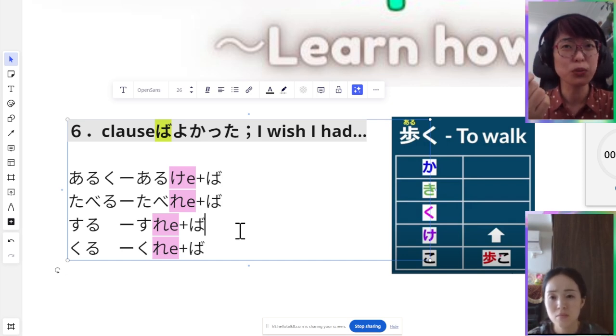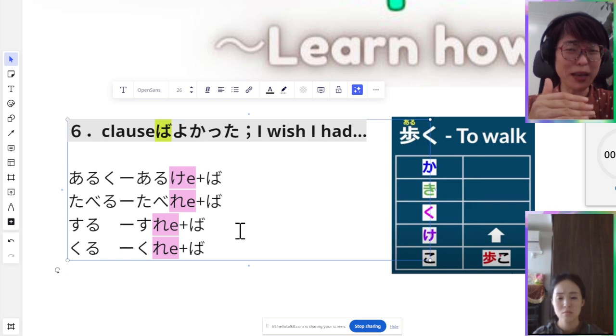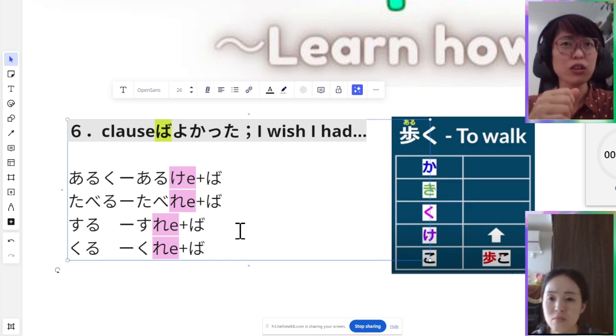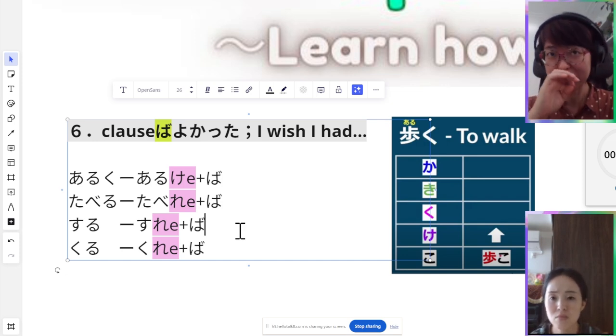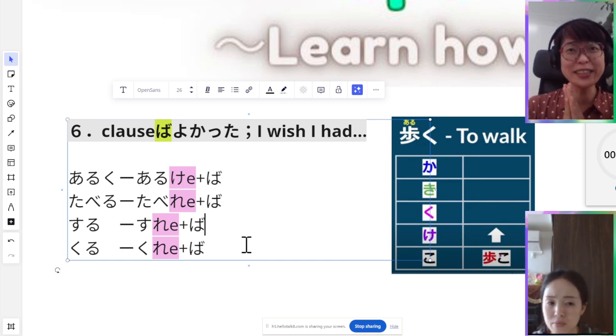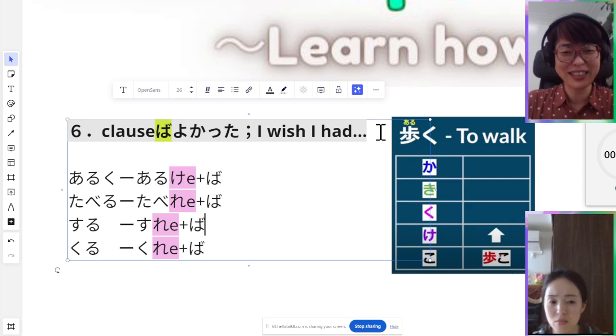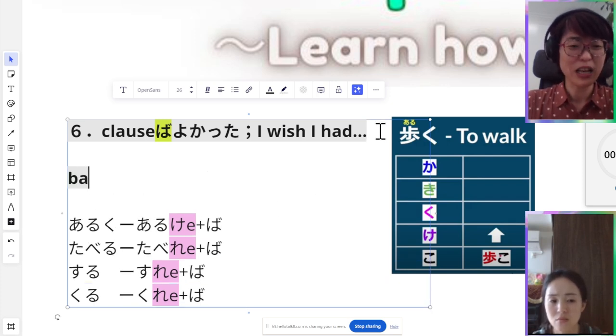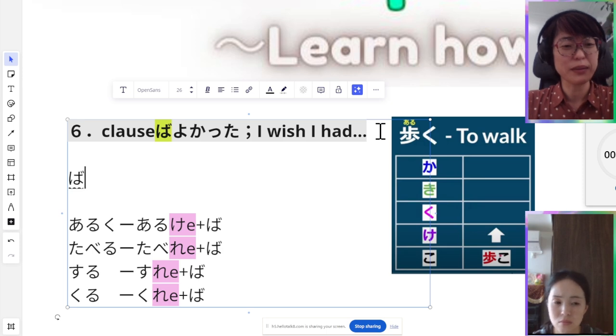That's the most important point. In terms of that, this approach is okay. It makes sense to me. So you just remember the introduction of the ba conditional: just go with yokatta. Why? Because the ba conditional is always used for a good outcome. So, I usually explain the ba conditional.